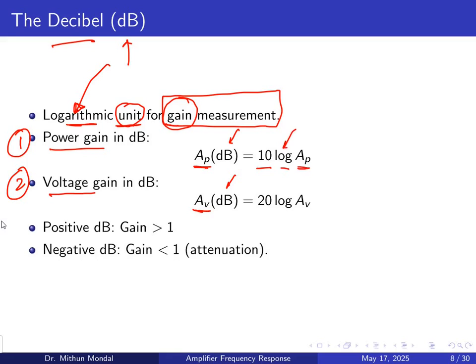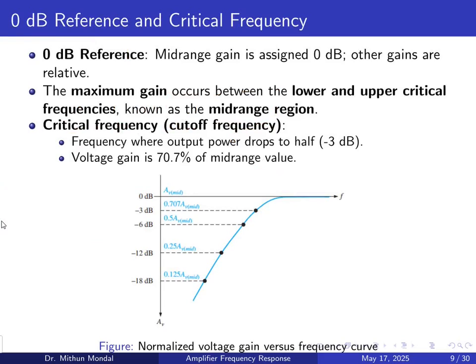This is the natural logarithm, and for the voltage gain we have 20 log of AV. If the voltage gain or power gain is positive, we talk about positive dB. But if the gain is negative, it means attenuation is there and you have negative dB for the circuit.